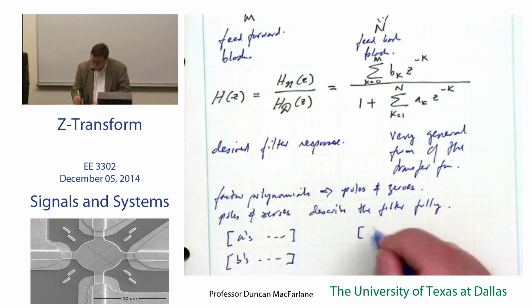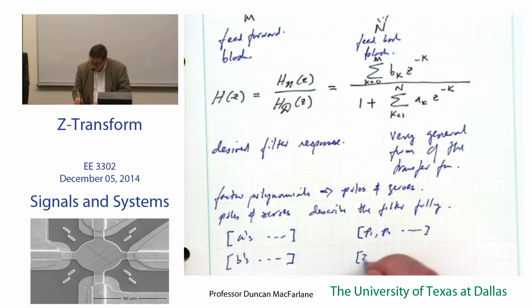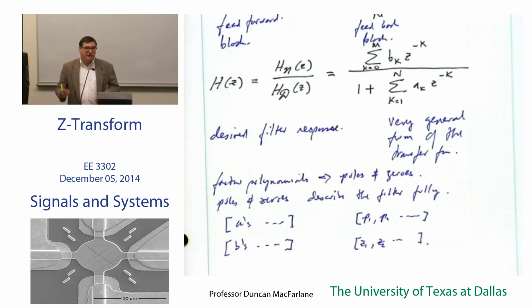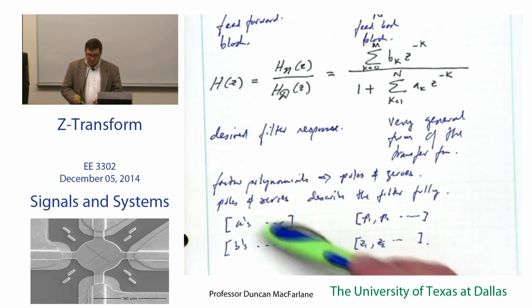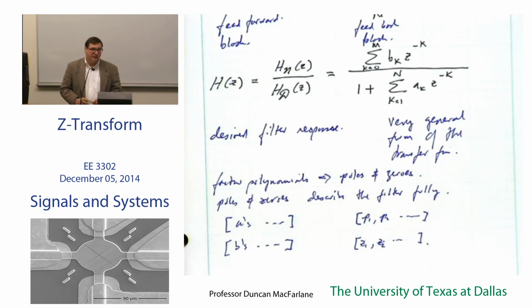Or if you prefer, you can draw the vector as poles and zeros. So these are just shorthand ways of capturing all the information in your filter. Okay? Either one. And both are useful and both are used. So you could use a shorthand notation of where are the zeros, where are the poles, what are your A's, what are your B's, and that's the parlance and way you talk about this.